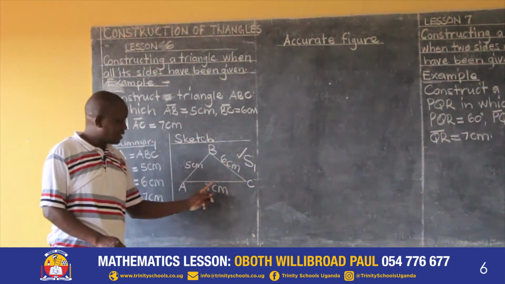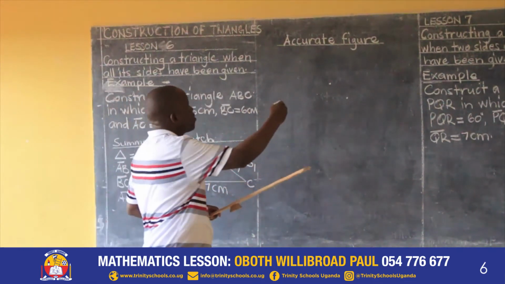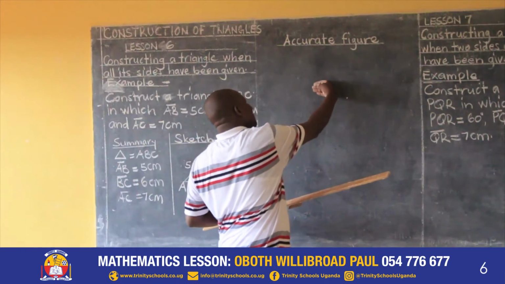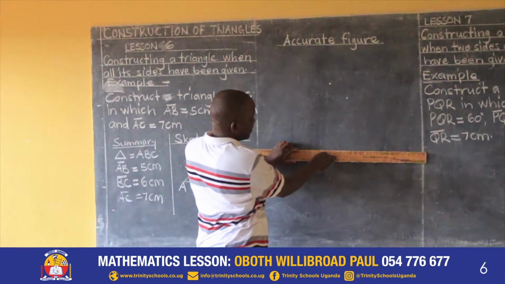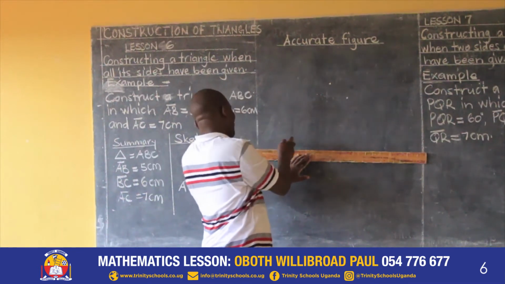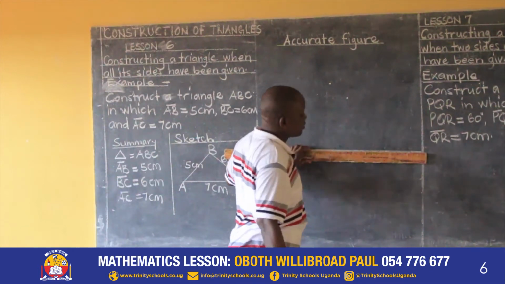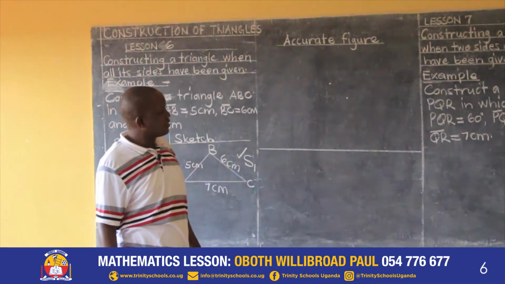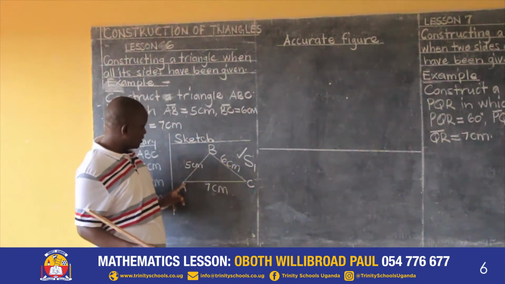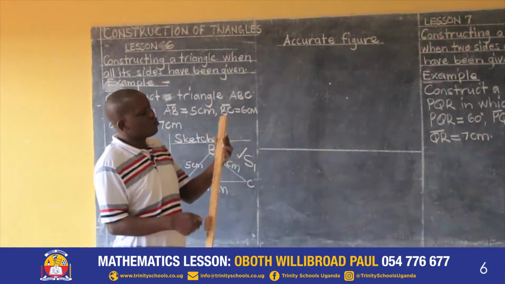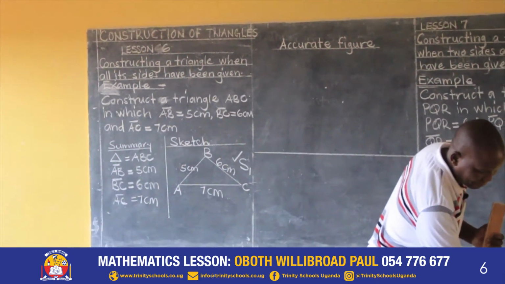I repeat, start by constructing the baseline. So you leave space up and come down here, because my triangle is going up. Draw a starting line. I have not made any measurements on that line. After drawing my starting line, take a measurement of 7 centimeters on your ruler.